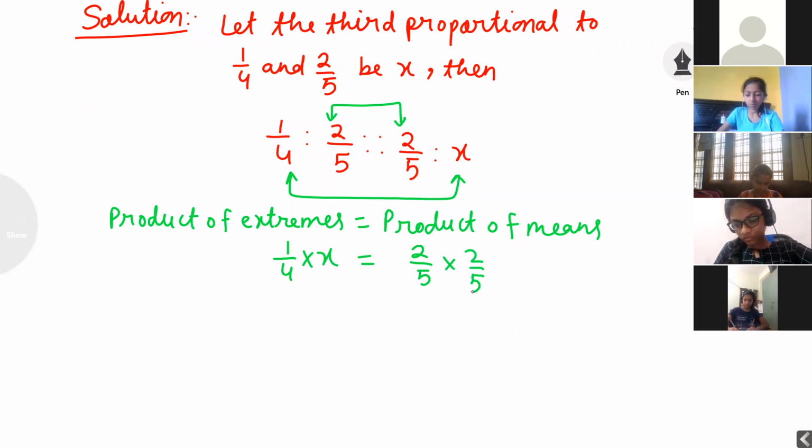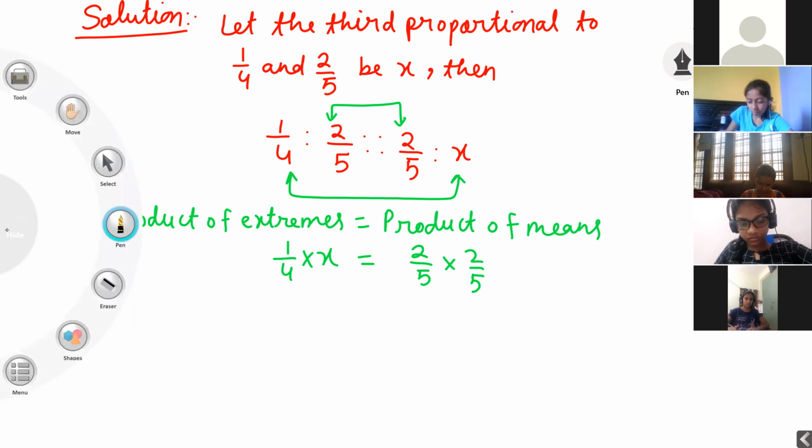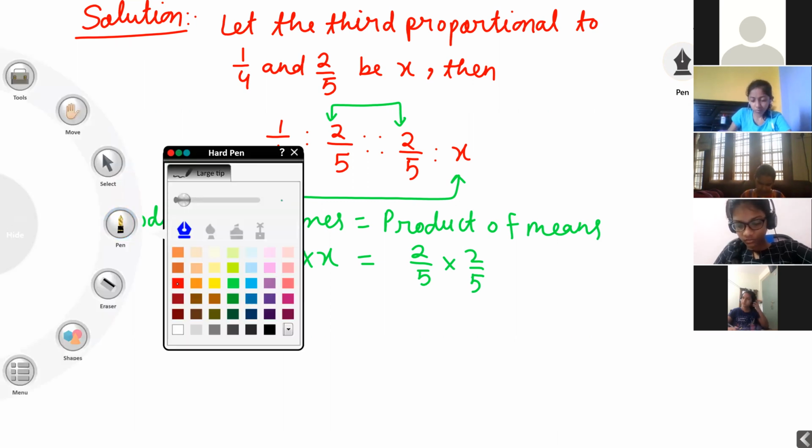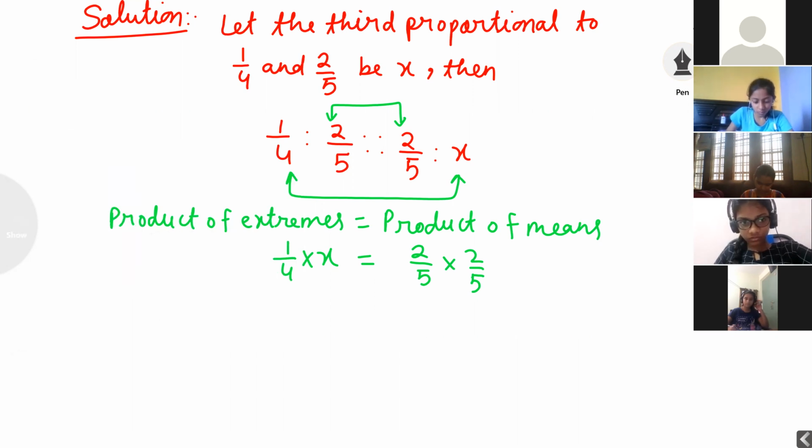Already you know fraction multiplication. When there are two rational numbers, I want to multiply two fractions, then we can multiply numerator by numerator and denominator by denominator. 1 into x, x means x by 1. So x by 4 is equal to 2 twos are 4 and 5 fives are 25.